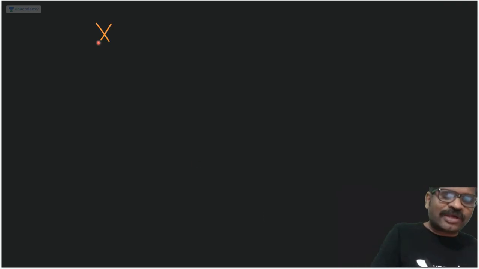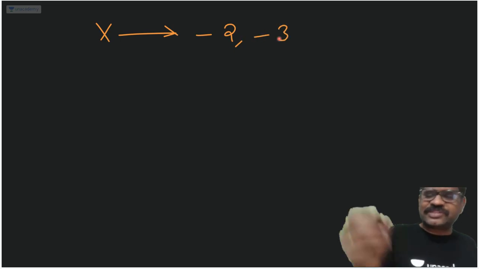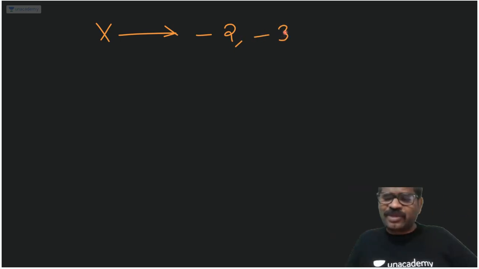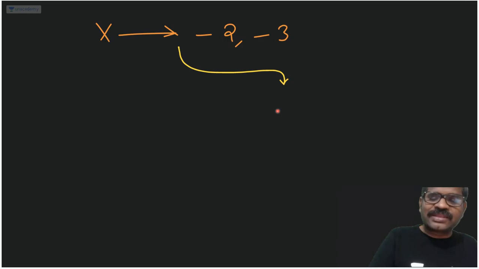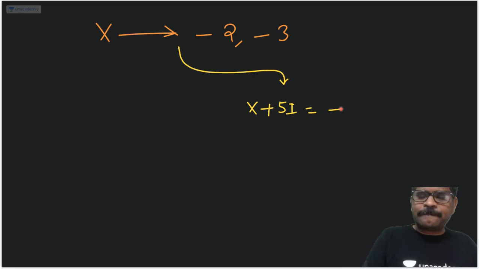Eigenvalues of X are -2, -3. What about eigenvalues of X plus 5I? -2 plus 5, -3 plus 5.